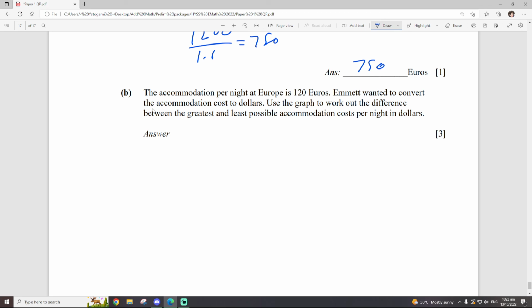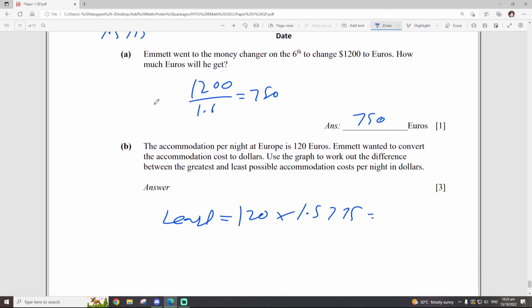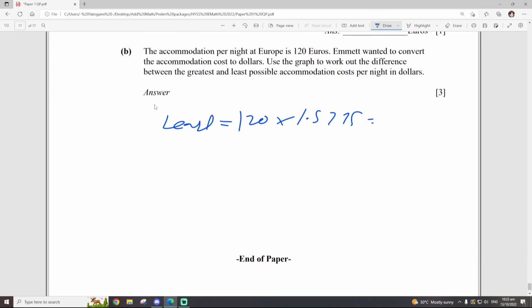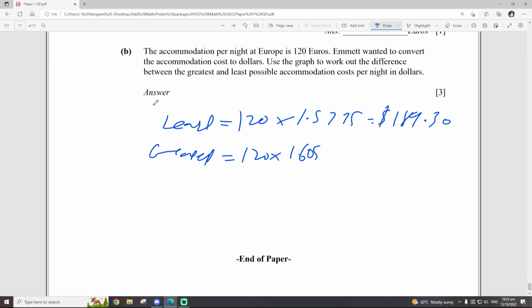Okay, so least will be 120 times the smallest exchange rate, which is 1.5775, which is 189.30, and the greatest is 120 times 1.605. Is it? Yeah, 1.605. And this is 192.6.